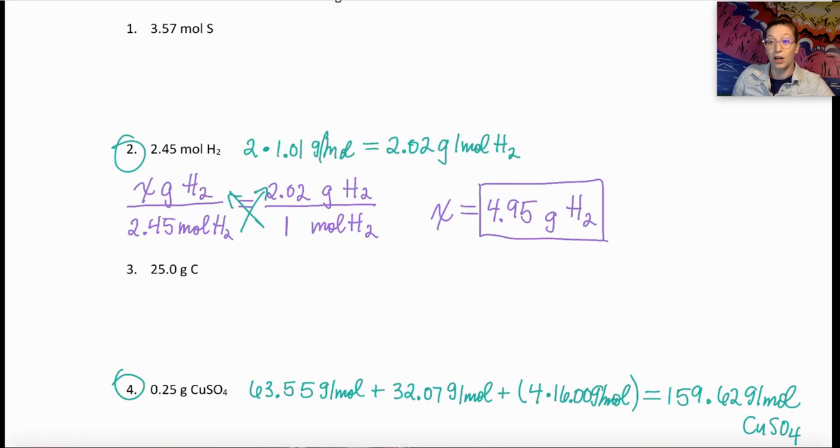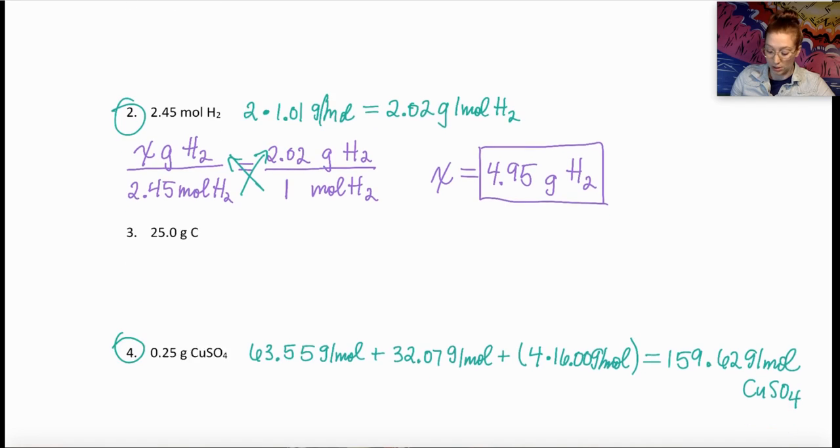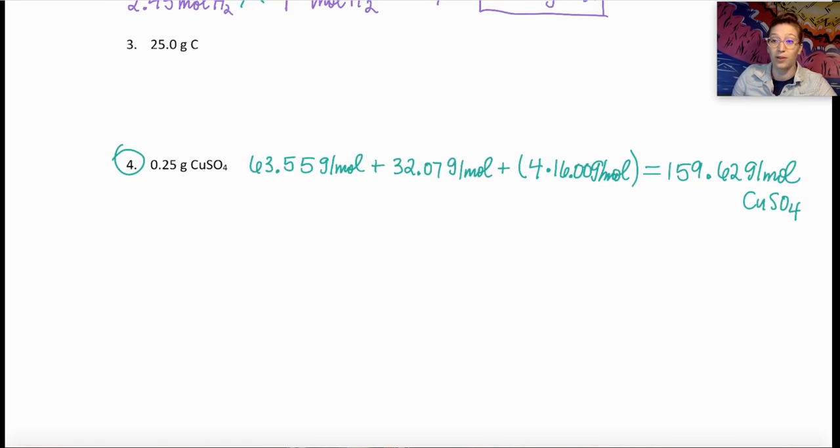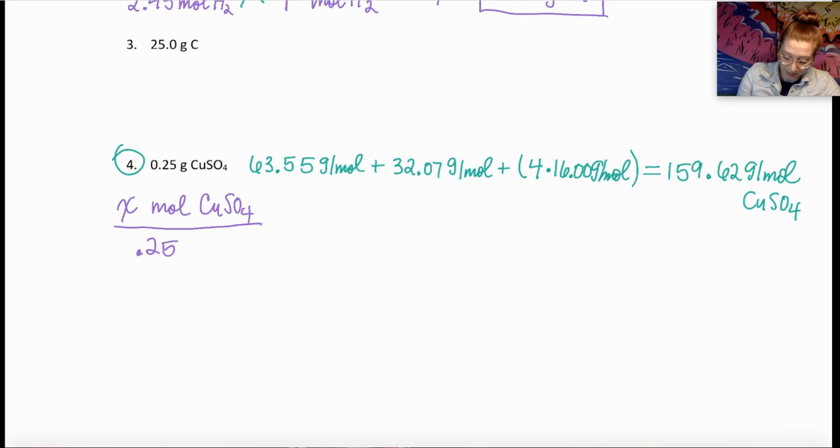If we're going to go the opposite direction, we're still going to set things up in a similar way. But this time, if I'm given grams, I want to go into moles. So I'm searching for the moles of CuSO4 there are in 0.25 grams.